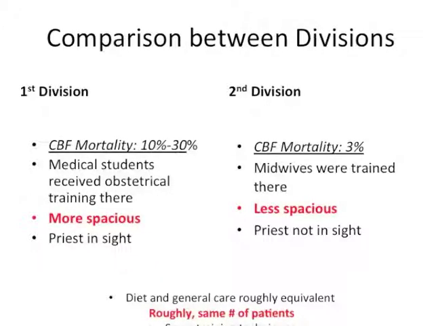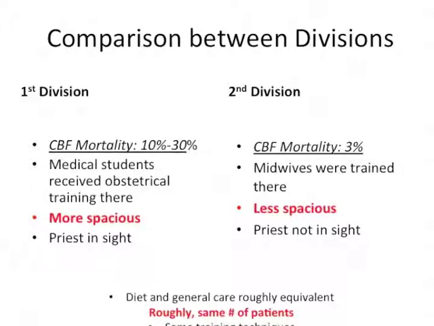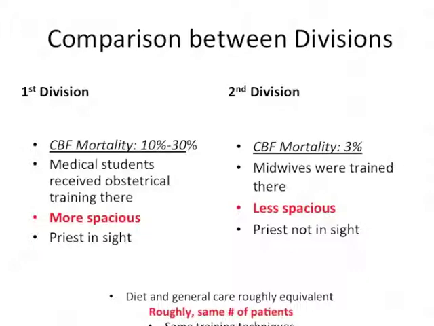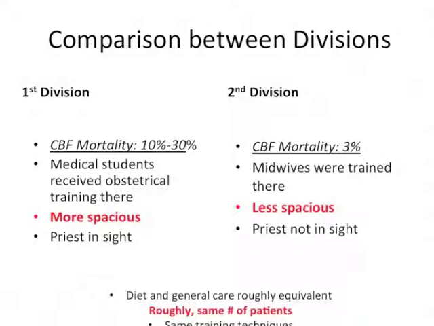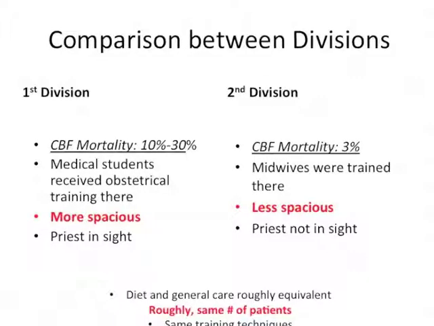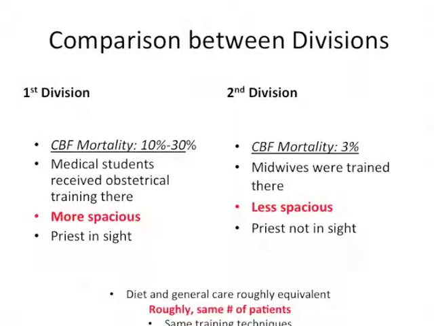Well, this hypothesis is actually straightforwardly refuted by the data, right? We saw that both divisions have roughly the same number of patients, right? But the first division was actually more spacious than the second. So the second division was actually more crowded, right? But the mortality was lower.